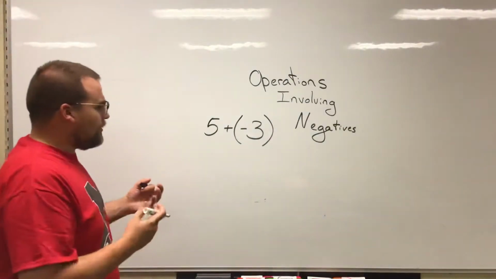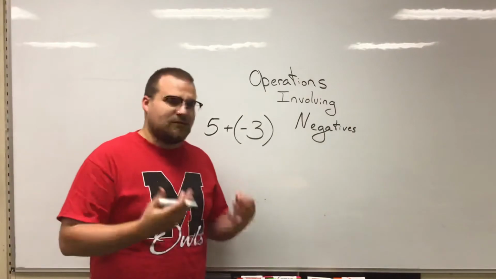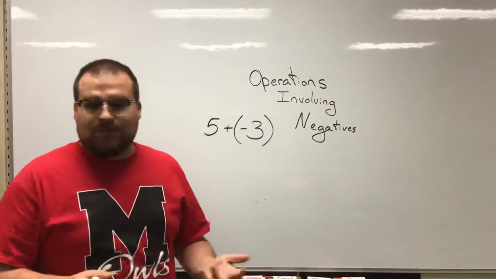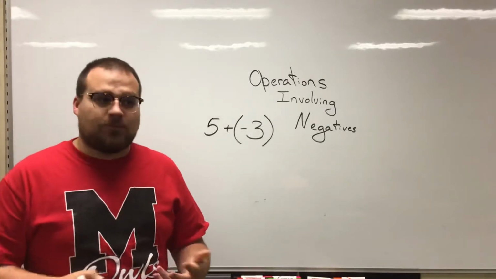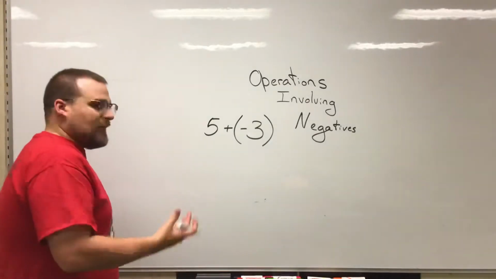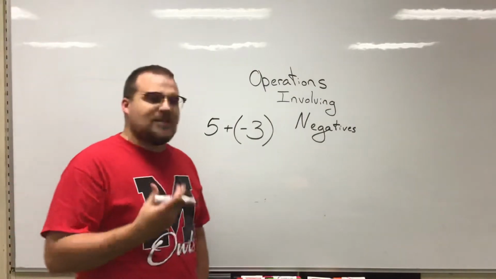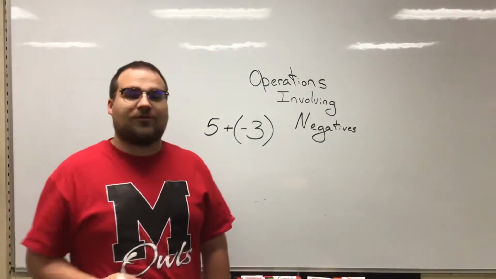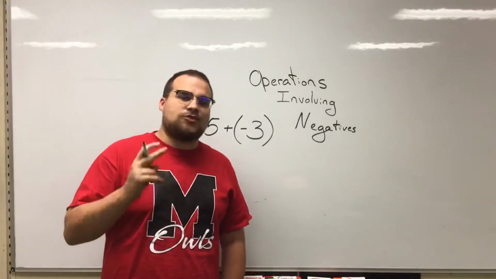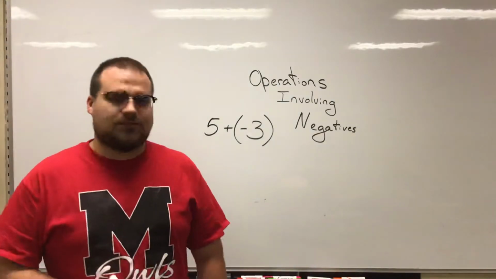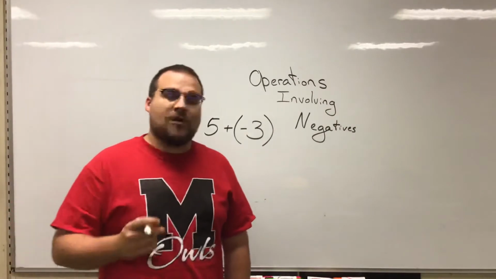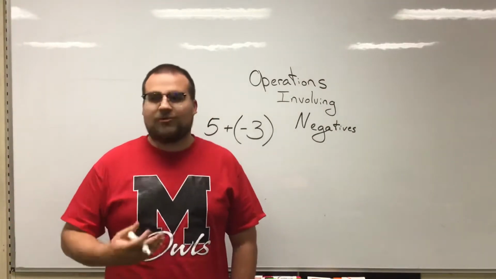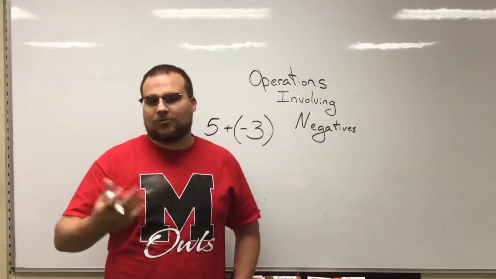But what happens here is a little bit confusing. Do we add 5 and 3? Do we subtract? What do we do? Well, here's what I like to think. Anytime, whether it is addition, subtraction, multiplication, or division, if you have two different signs next to each other, then what ultimately ends up happening is subtraction or negative numbers, or however you want to think that.